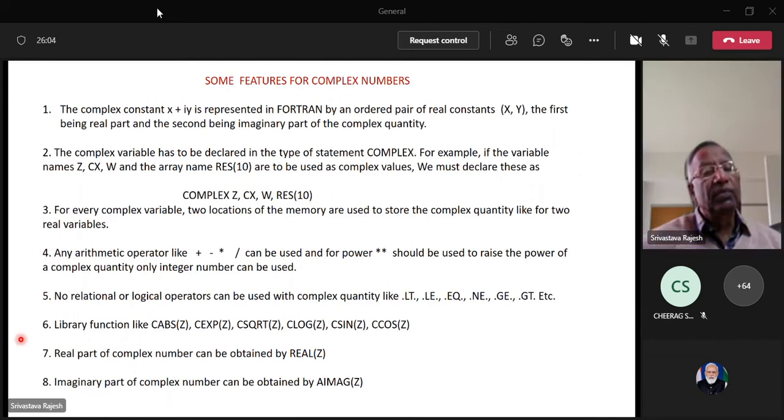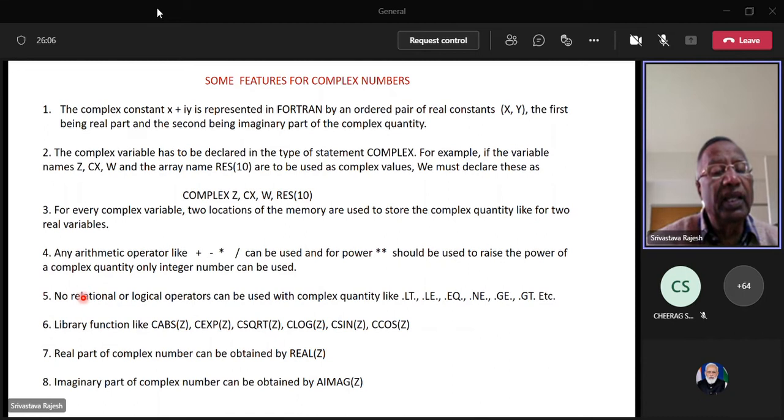Now, for the complex quantity, any arithmetic operator with plus, minus, star, slash can be used as for real. For power, star should be used to raise the power of a complex quantity only by an integer number.